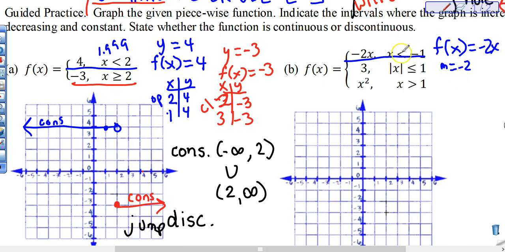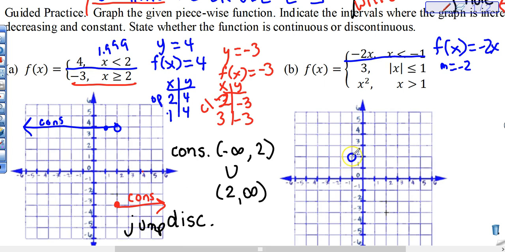So x is less than -1. So let's put -1 in the equation. -2 times -1 is 2, so y equals 2. So at -1, 2, I'm going to open it up because I'm not allowed to include -1, but I can get as close to it as possible on my x. And then let's use my slope. Well, my slope is down 2, right 1, but can I go right?